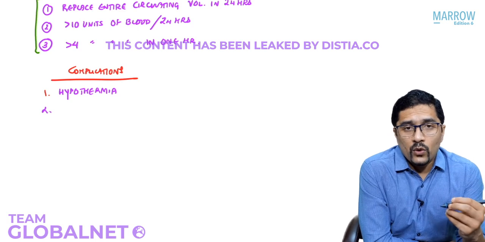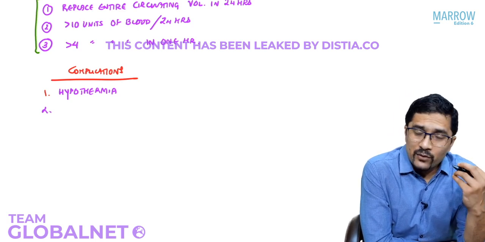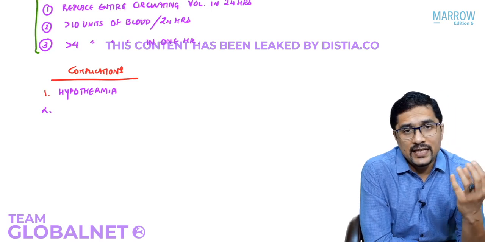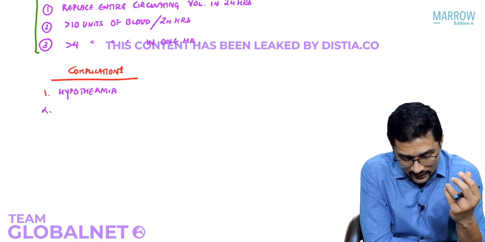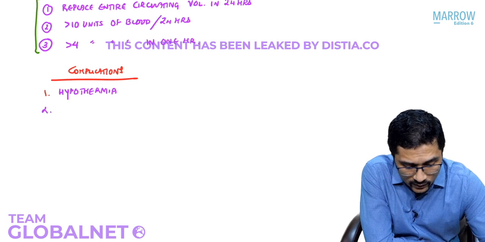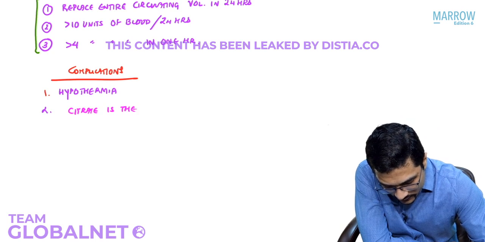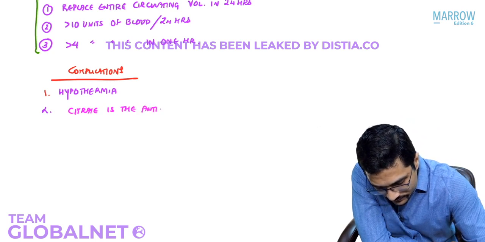Now you also know that when you're storing blood, it has an anticoagulant with it. And these days the anticoagulant used is citrate. So citrate is the anticoagulant which we are using these days.